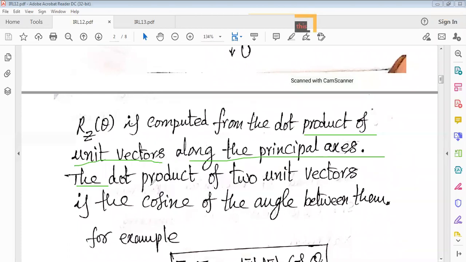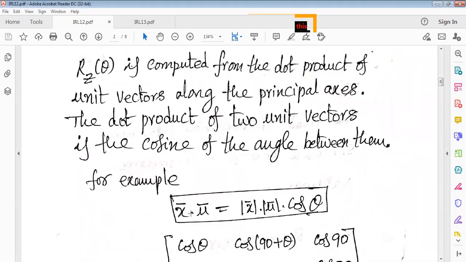The dot product of any two vectors is simply the product of their magnitudes times the cosine of the angle between them. For example, the dot product of the x unit vector and u unit vector equals mod of x bar into mod of u bar cos theta, where theta is the angle between the x and u vectors.